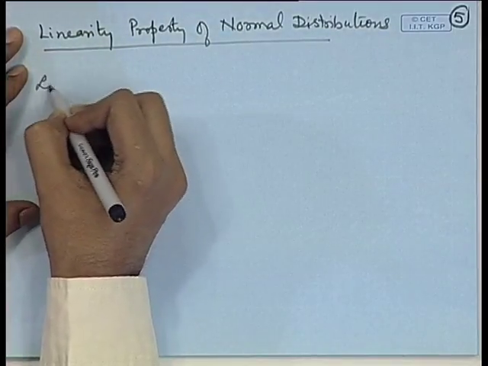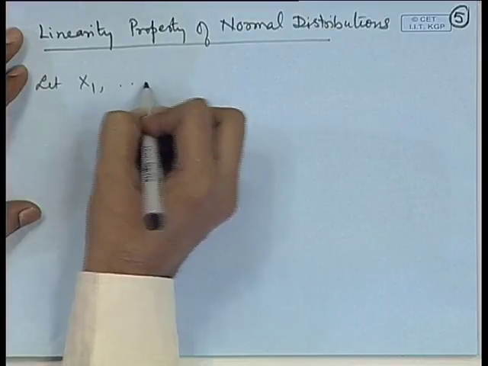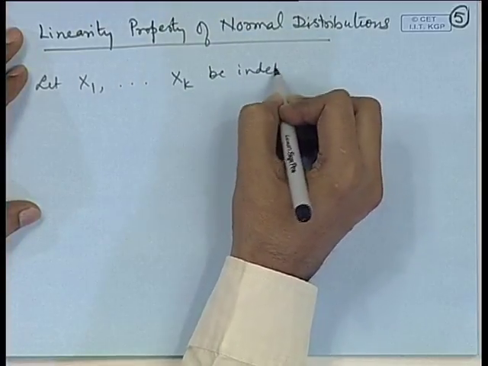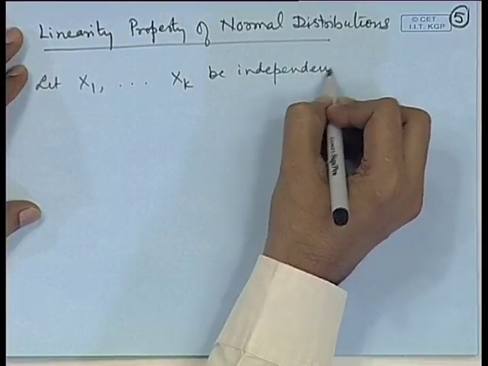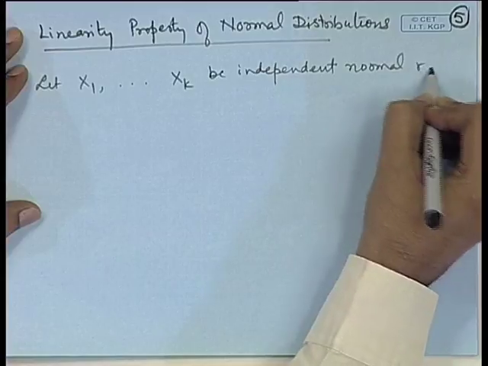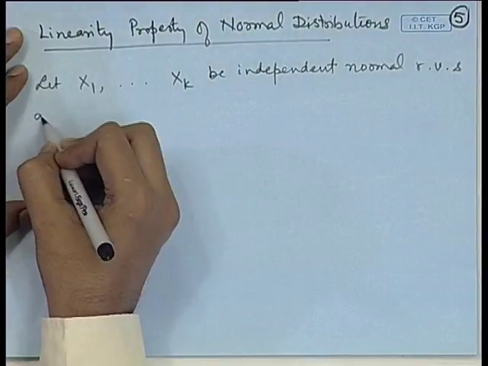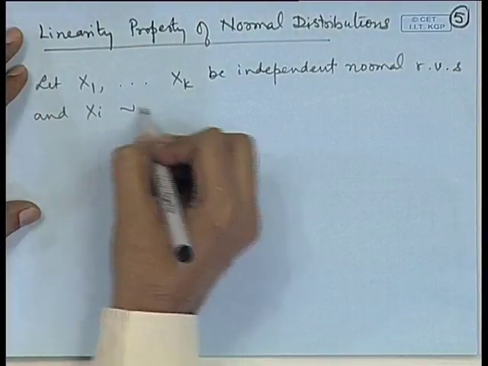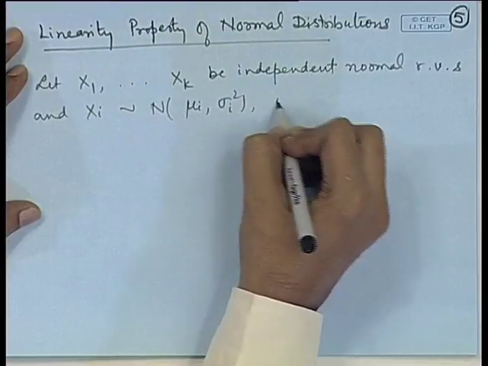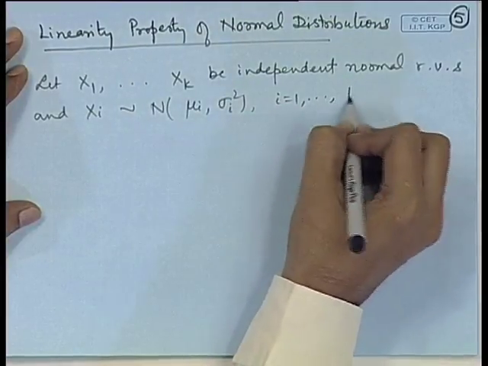Let us consider say X1, X2, Xk independent normal variables, and Xi follows say normal mu i, sigma i square, for i equal to 1 to k.